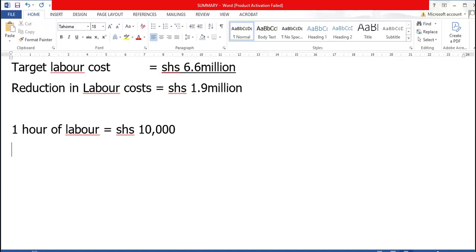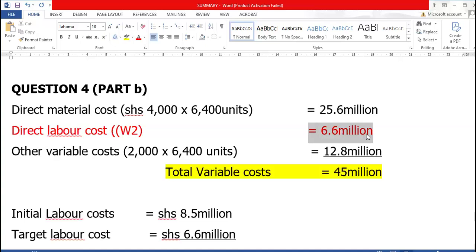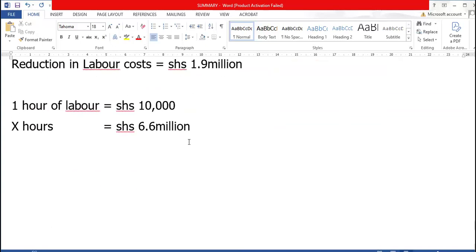So you need to know how many hours you will use as labor hours in costing 6.6 million. Because that's what you have here, 6.6. So you need how many hours to incur that?